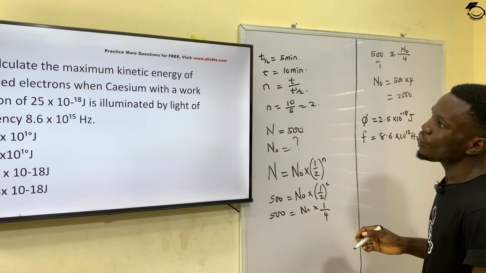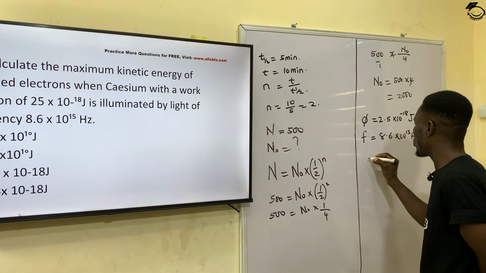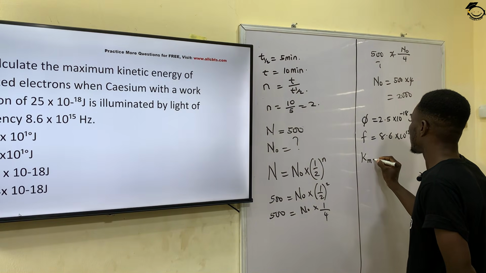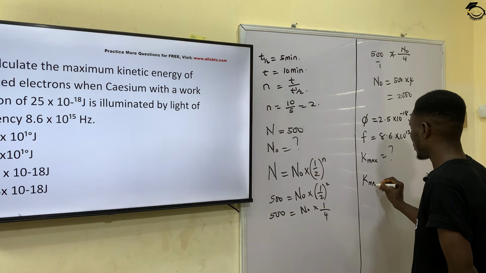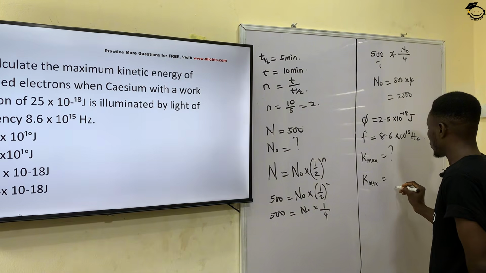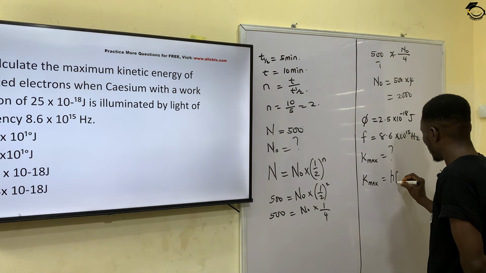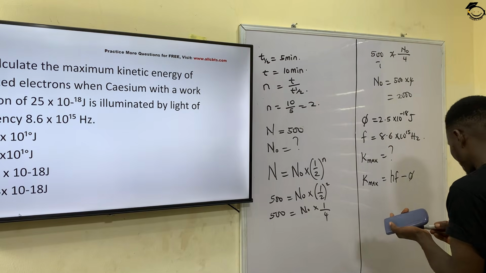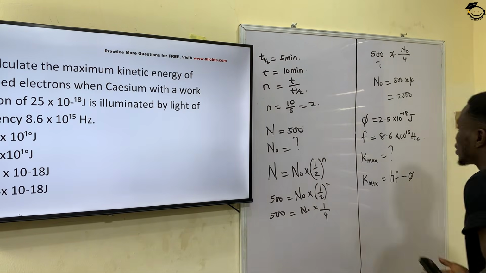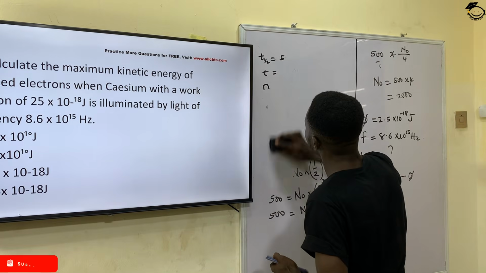So we are asked to find the maximum kinetic energy, K max. We know that K max is equal to hf minus the work function. So I have to solve this question using this formula.